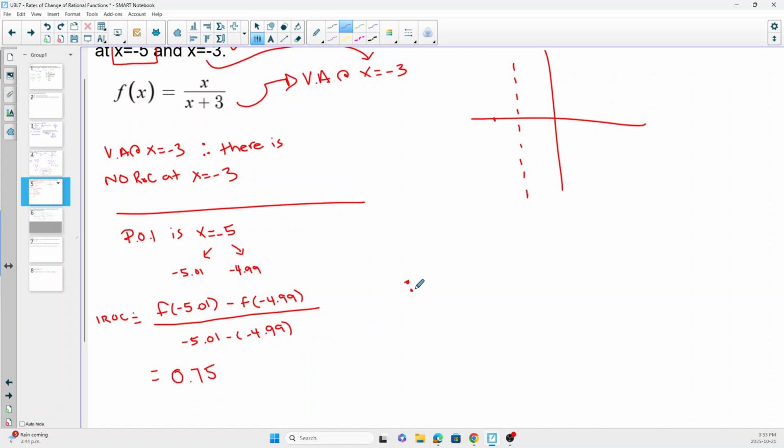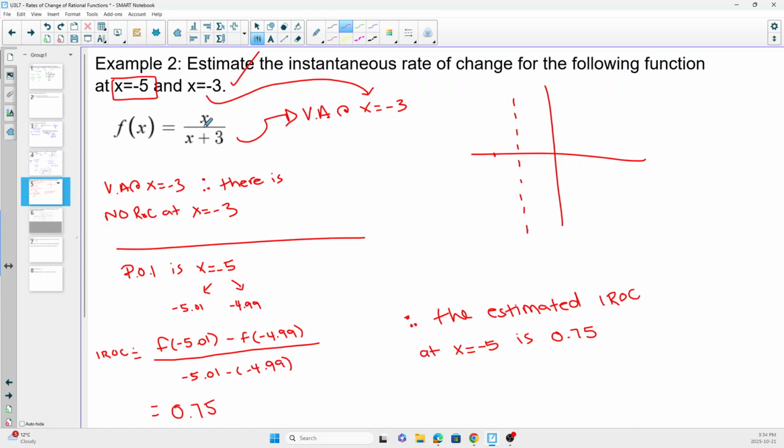So therefore, the estimated instantaneous rate of change at x equals -5 is 0.75.